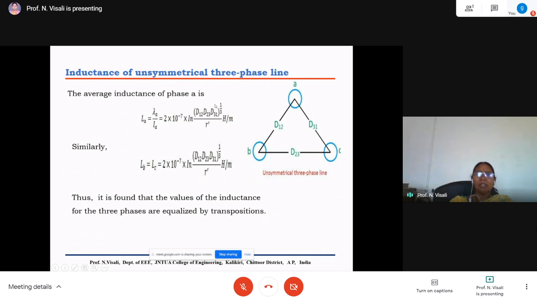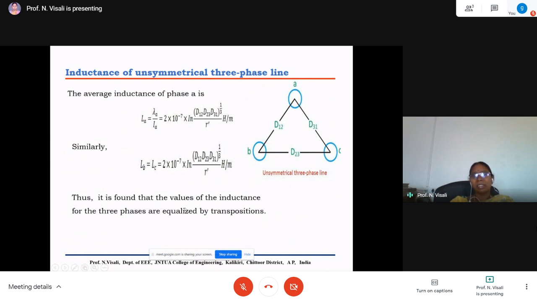Like this we can calculate the geometrical mean distance, and this is the total inductance of conductor A. Similarly, the inductance of B and C can also be calculated, again using the geometrical mean distance divided by r dash.